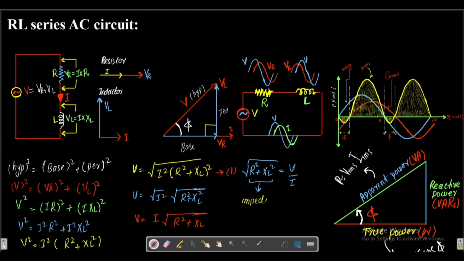We call this impedance, which is denoted by Z, and from here we can write Z is equal to V by I. This is the impedance, the opposition offered by the resistor R and the inductance L to the applied voltage.